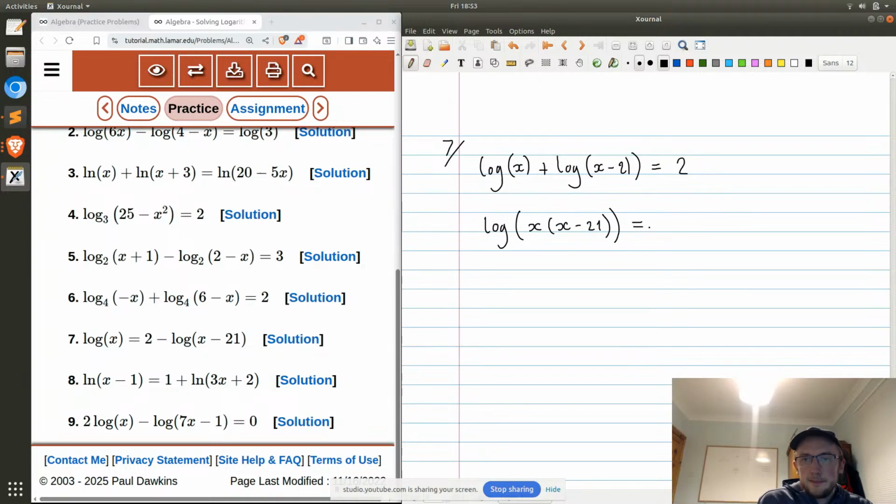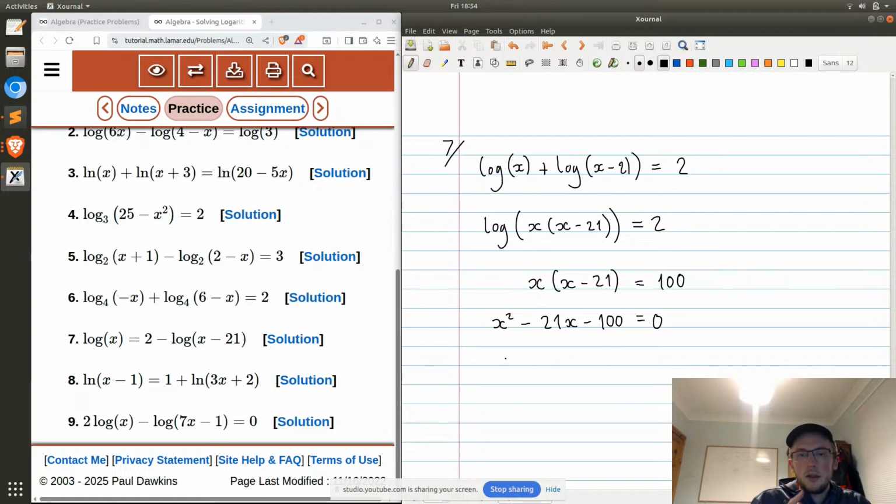Just like that. Then I want to get rid of the logarithm. So I do 10 to the power of the left side and 10 to the power of the right side. So I get this. Then expand. And set it equal to 0.